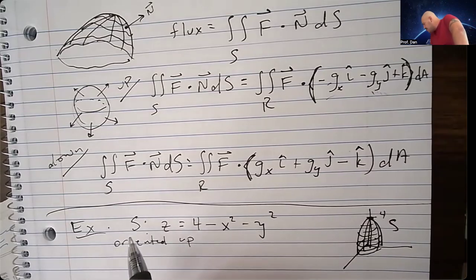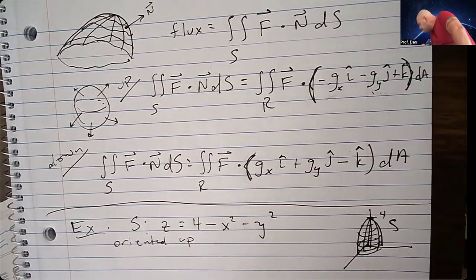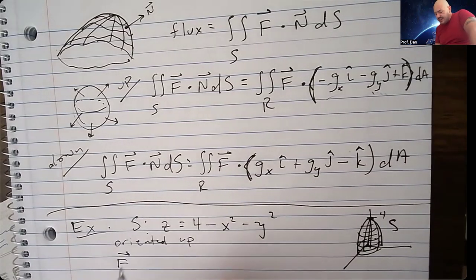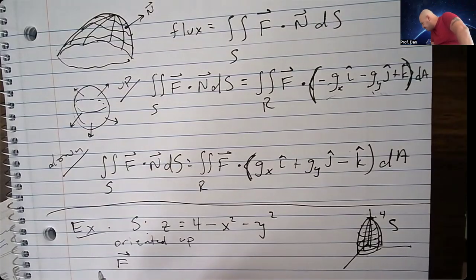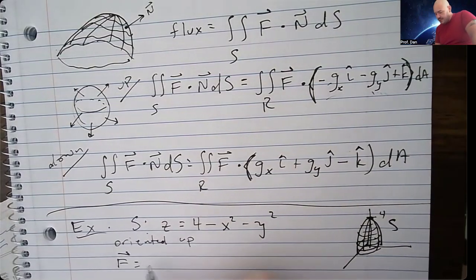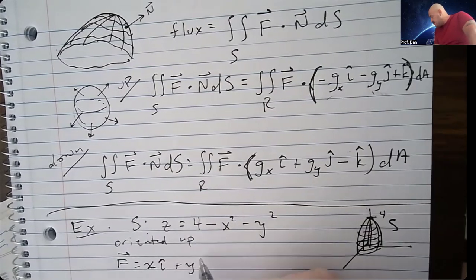And then we're also told that the force that's acting on the object is given to us by xi plus yj plus zk.